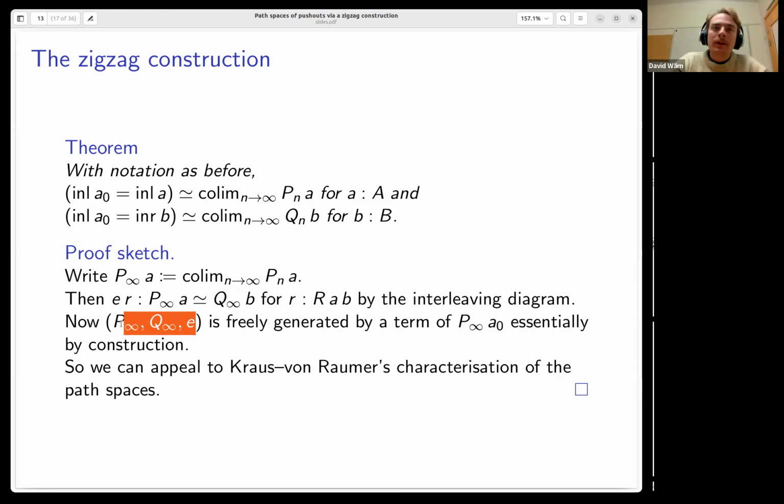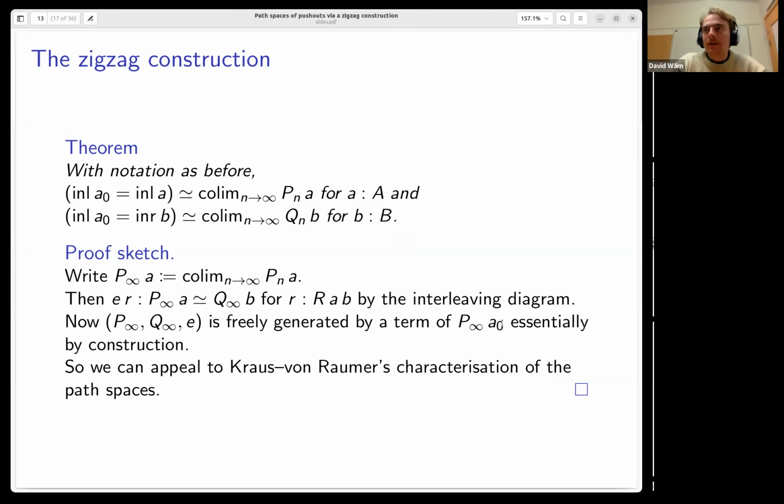So at least we have this data, P infinity, Q infinity, E, this kind of triple, as in Kraus-Sattler's universal property. And we have a term of P infinity A0, which essentially comes from P0, the fact that P0 of A0 is the identity type A0 equals A0, and there we have reflexivity.